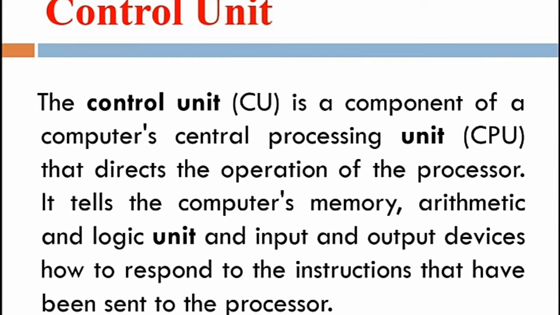All of you are familiar with the work of a traffic police officer, right? Just as the traffic police controls the traffic on the road, the control unit controls the flow of data between the components of the CPU and other devices.